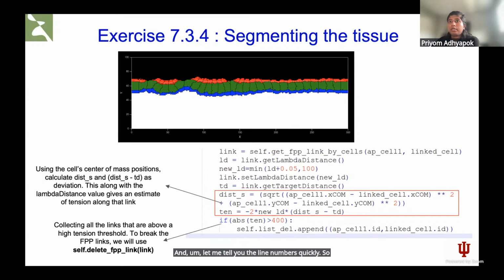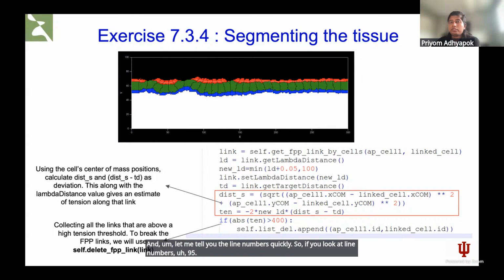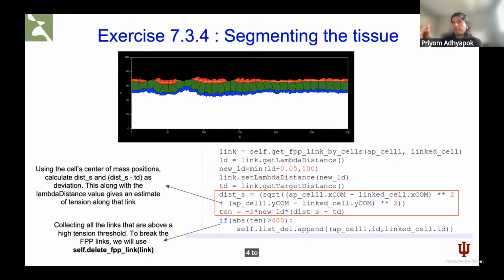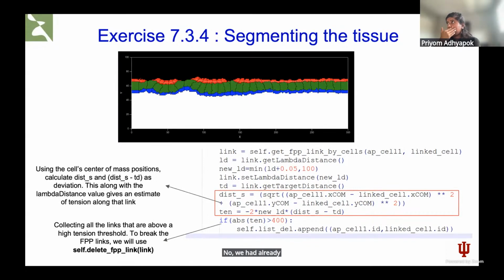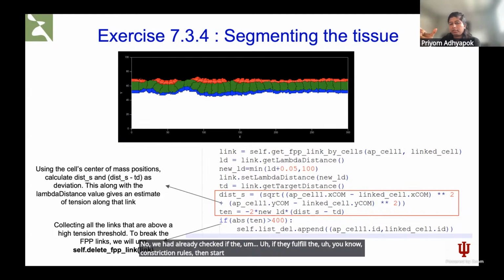If you look at line numbers 94 to 100, that's where we have made the rest of these changes. So our first check, we had already checked if they fulfill the constriction rules, then start by bringing them closer together.